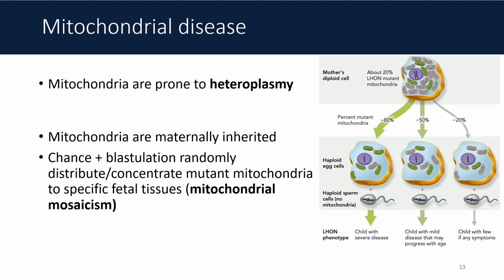Mitochondria are fascinating beasts because, unfortunately, they tend to be hotbeds of genetic mutation. And I mean, think about it. They operate under highly oxidizing environments, and that's bad for DNA.